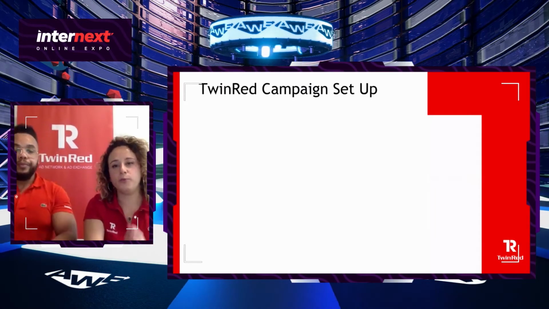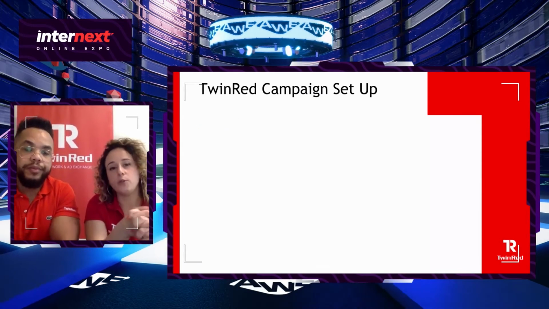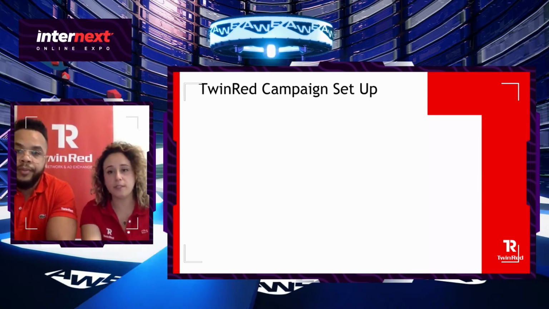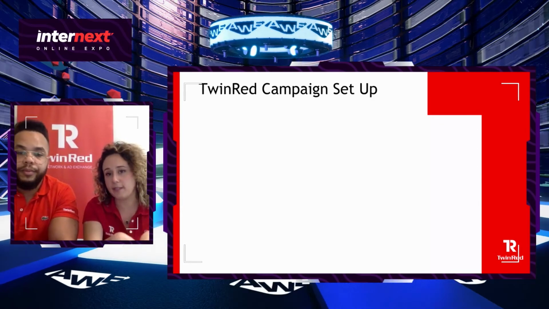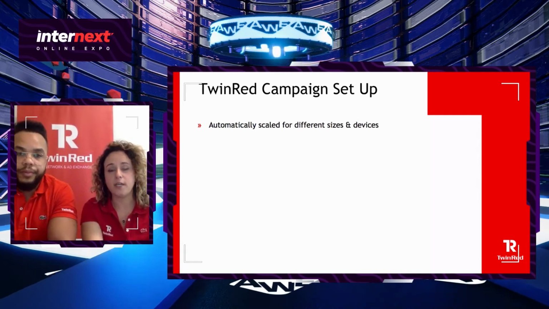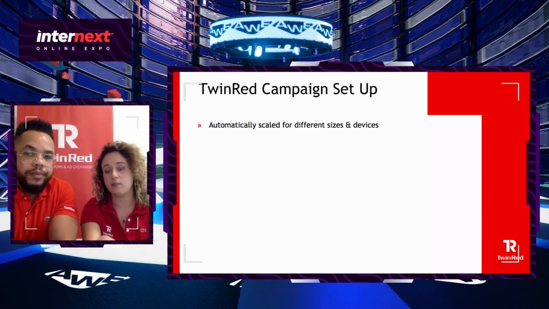So by now, I'm pretty sure that most affiliates at least know the basics of native ads. Also, if you go on mainstream sites, you've probably already seen plenty of examples. So here we'll cover some things that we recommend on the TwinRed campaign setups with our native solution. One thing that's important to note is our native ads will be automatically scaled for different sizes and devices.